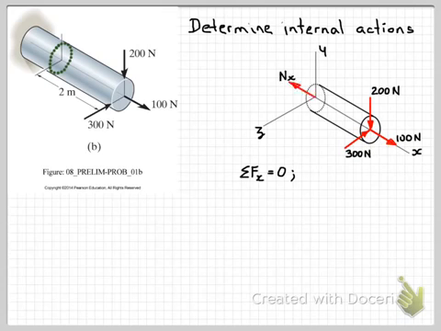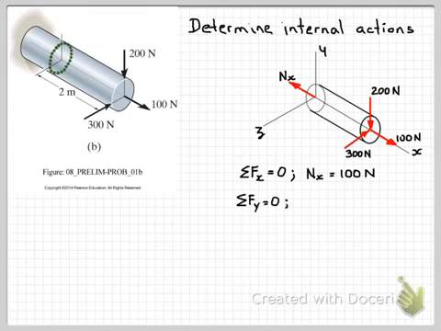So on our internal section here, we must have an internal equal and opposite force of N subscript x. And then of course we can write that equation out. So we have Nx is equal to 100 newtons.